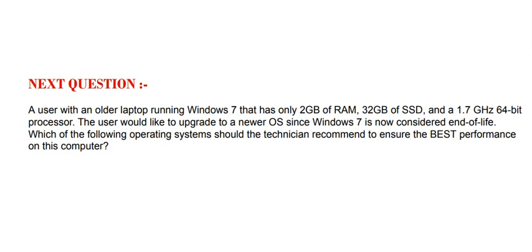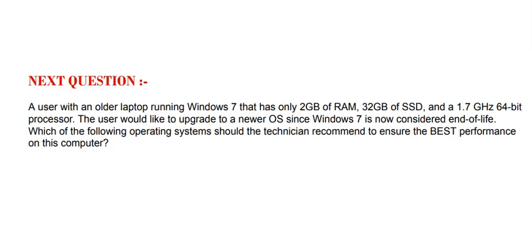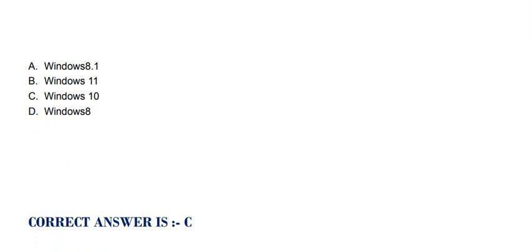Which of the following operating systems should the technician recommend to ensure the best performance on this computer? And the options are option A Windows 8.1, option B Windows 11, option C Windows 10 and option D Windows 8. The correct option is option C.